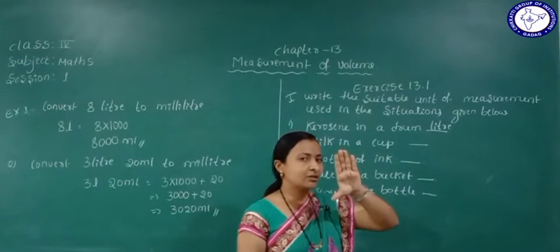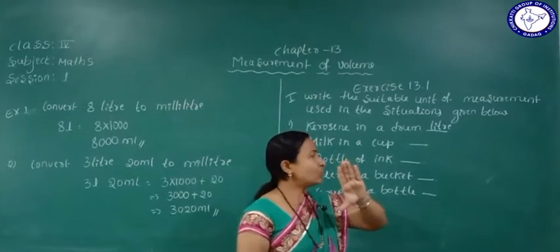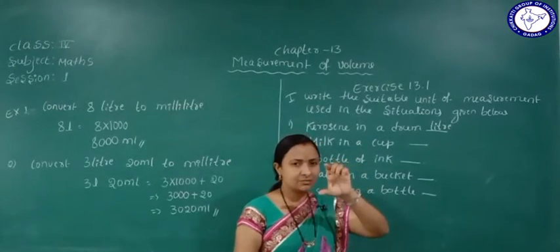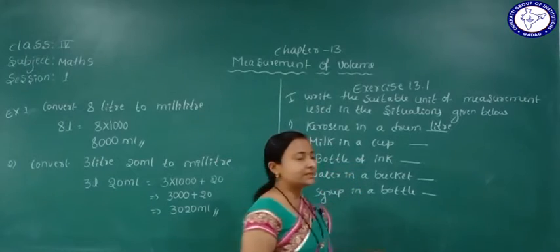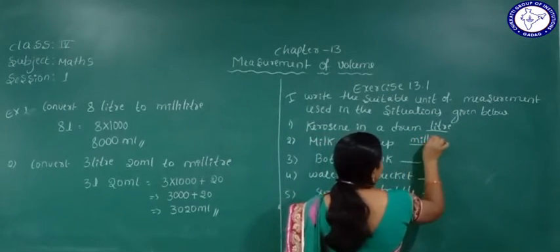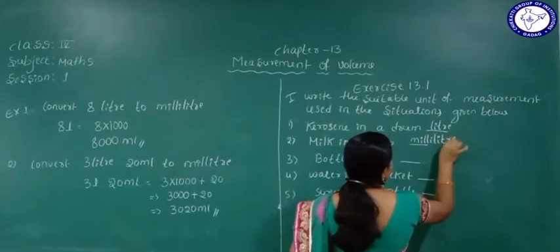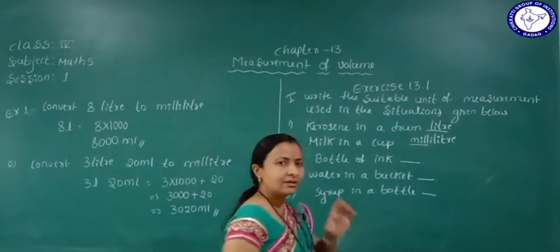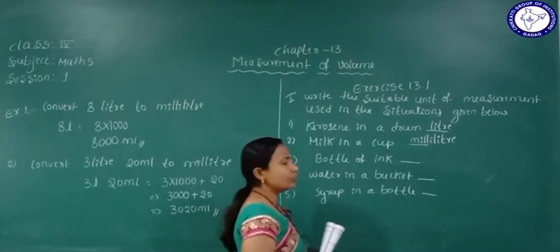A cup does not hold liters, because a cup only holds this much, so it is in milliliters. So the cup of milk is in milliliters. Next, bottle of ink.